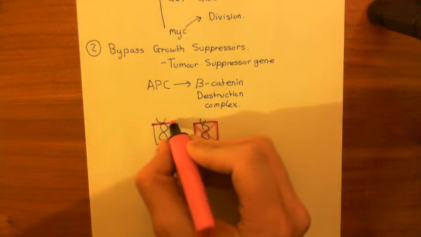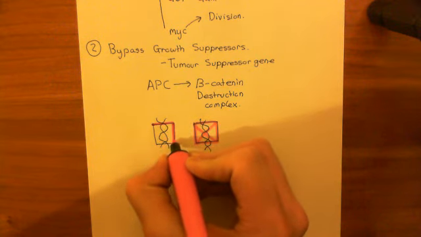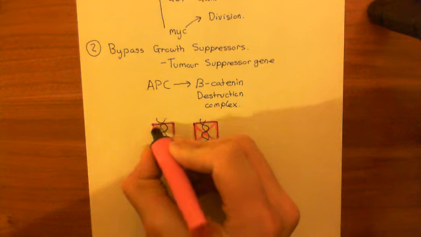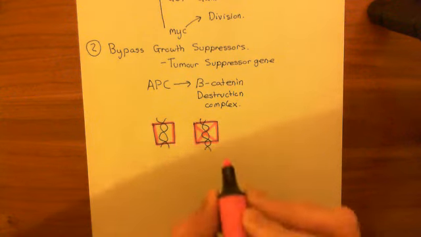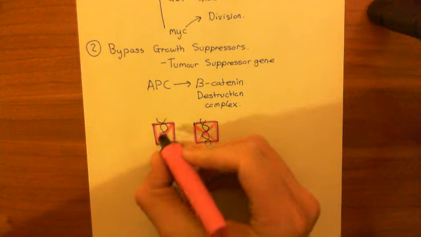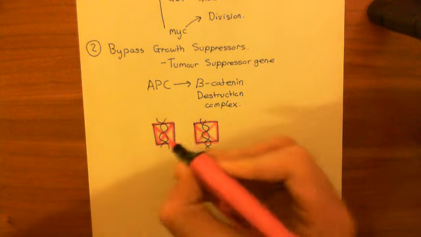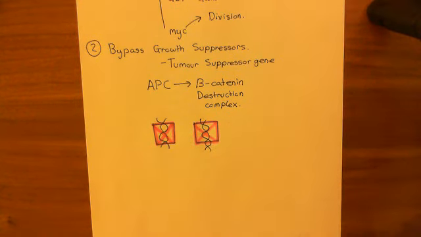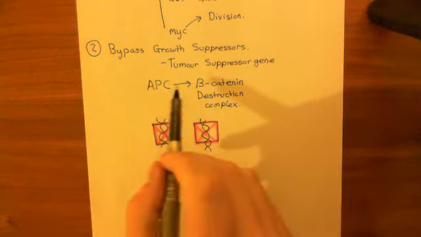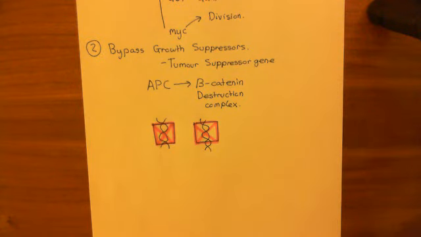Okay, so really to get complete loss of function of APC or of any tumor suppressor gene, usually you have to lose both. There are some exceptions to that, but usually you have to lose both. So in order to go down the road of oncogenesis by targeting tumor suppressor genes, you have to lose both tumor suppressor genes so that the function of the protein that the tumor suppressor gene encodes is completely gone, basically, so function lost.